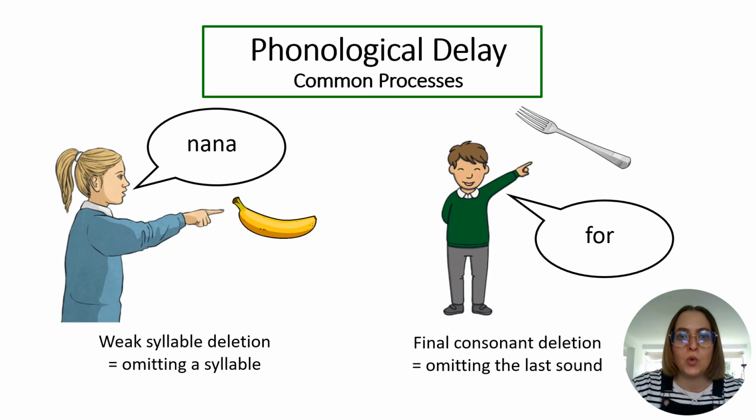So, for example, bus becomes bub. And then reduplication means a complete or incomplete syllable is repeated. So, for example, the word bottle becomes baba. But both of these processes are expected to eliminate at 3 years old.